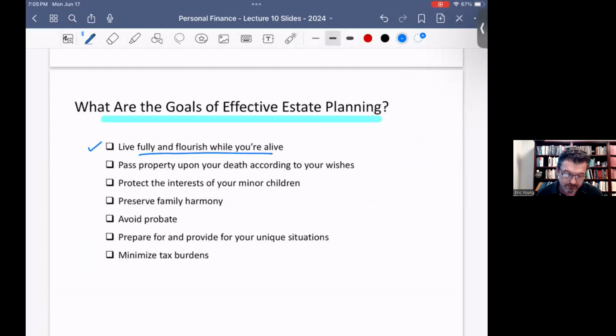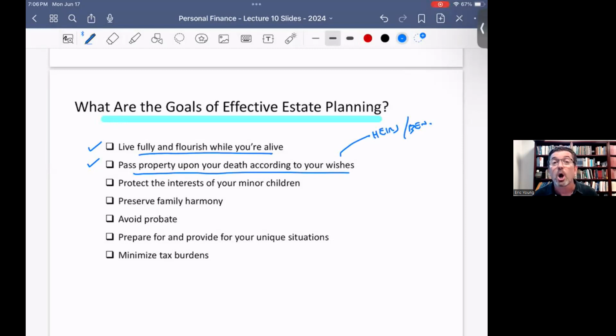That's one goal. Another goal of effective estate planning is to make sure that any property that you have passes upon your death according to your wishes. In other words, who are your heirs and beneficiaries? What do you want to leave them? You might be seeing that and saying, well, of course it's going to pass upon my death.